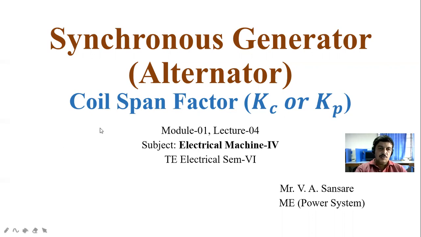We derive that ideal EMF equation by assuming the coils are full pitch and concentrated in nature. But practically, armature coils are neither full pitch nor concentrated; they are generally short pitch coils and are in distributed form.